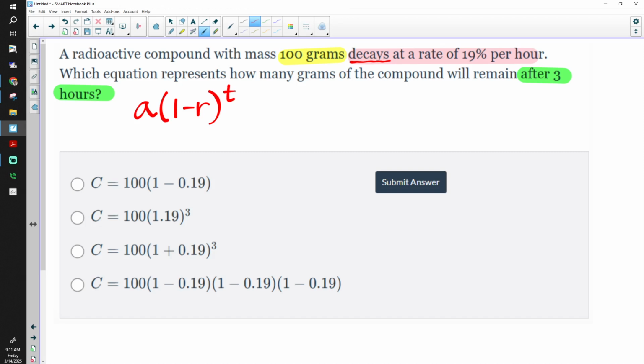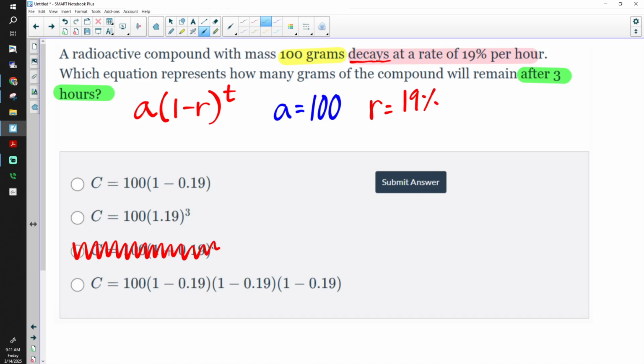Looking at my answer choices, I already know right away that C cannot be a choice because I see 1 plus a rate. So, let's label our parts. A, our starting mass, is 100 grams. Our rate, our R, is 19%.